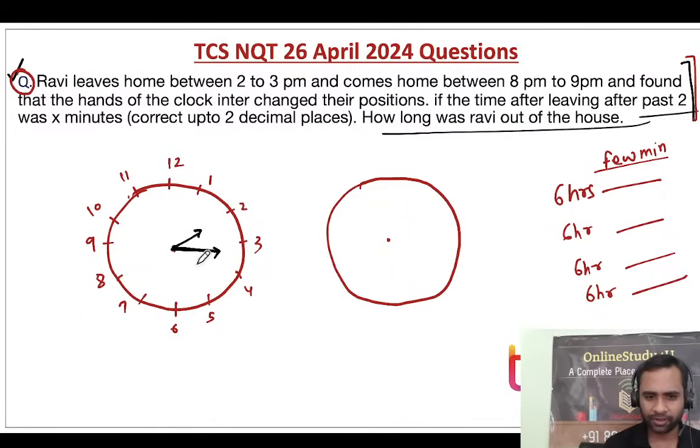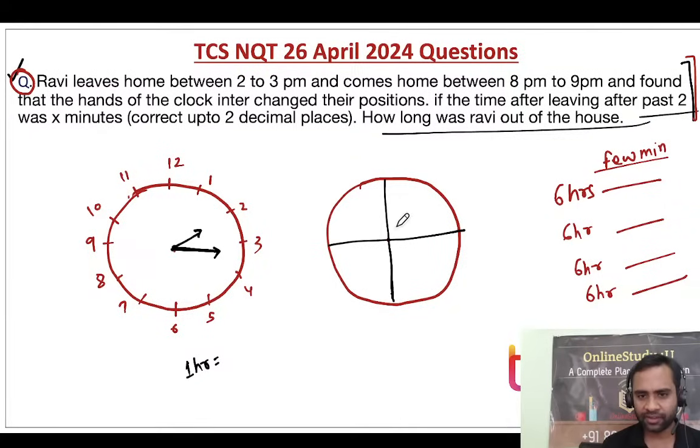Okay, now friends, what happened in 1 hour, right? So in 1 hour, this total angle will be what? 360 degree. On a circle, the total angle you can make is 360 degree, 90 degree, 90, 90, 90. So in 1 hour, your hour hand will move from this to this. Total is 360, divided into 12 parts, so it will be nothing but 30 degree.